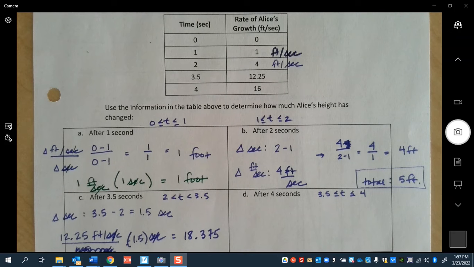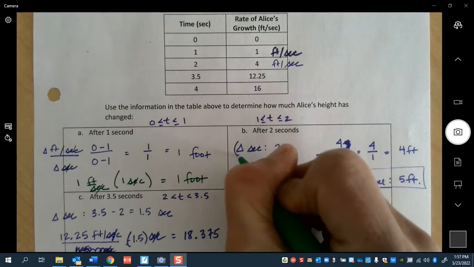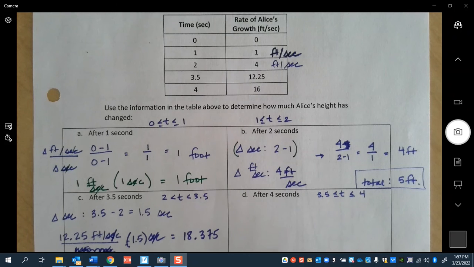Okay, so then when we talk about the change in our next interval, the change in our next interval is our change in seconds. 1 more second happened. Now her rate here, there's nothing to subtract because her rate is now, she's growing at 4 feet per second. Remember, that's her rate of change. So now I want to go backwards and be like, okay, well, how many feet was that? So on this interval, just for this 1 second, she was growing at 4 feet per second.